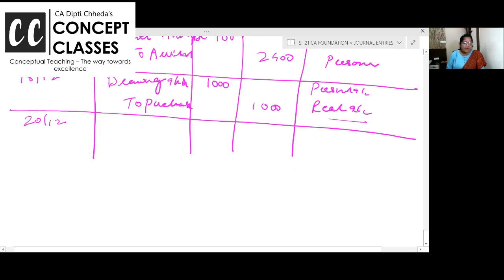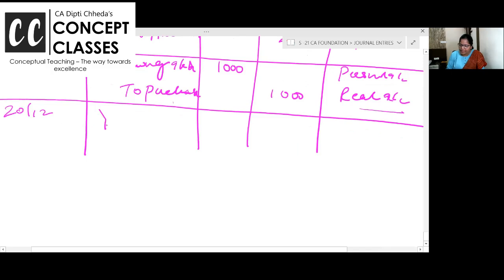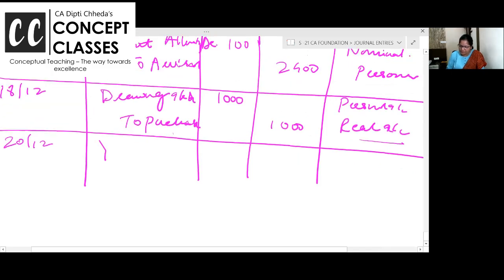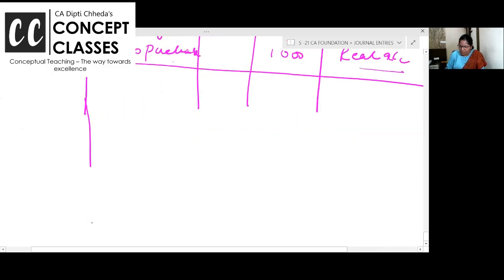The 20th. He withdrew cash from the bank, but this time for personal use. He has withdrawn cash, not goods. So again, drawings account debit. You can also carry on the scaling for full page.